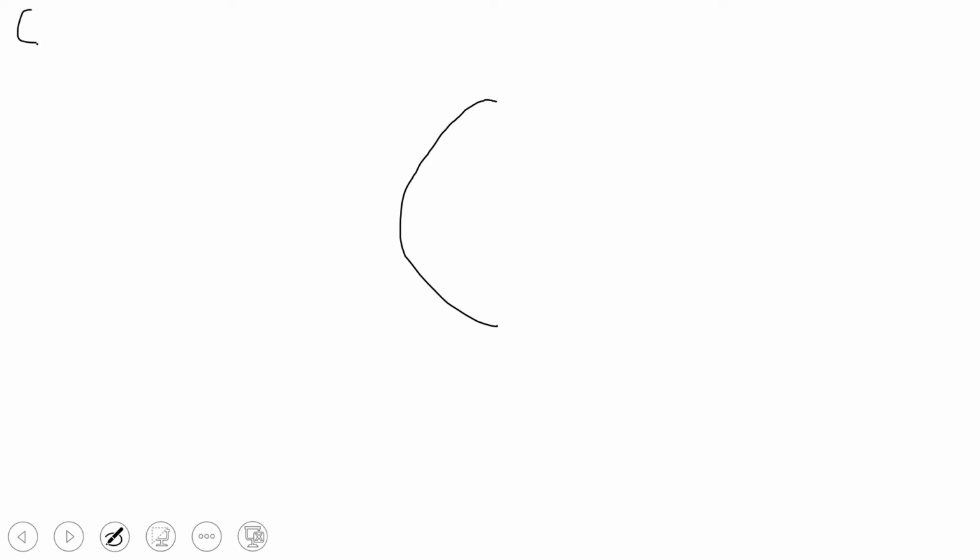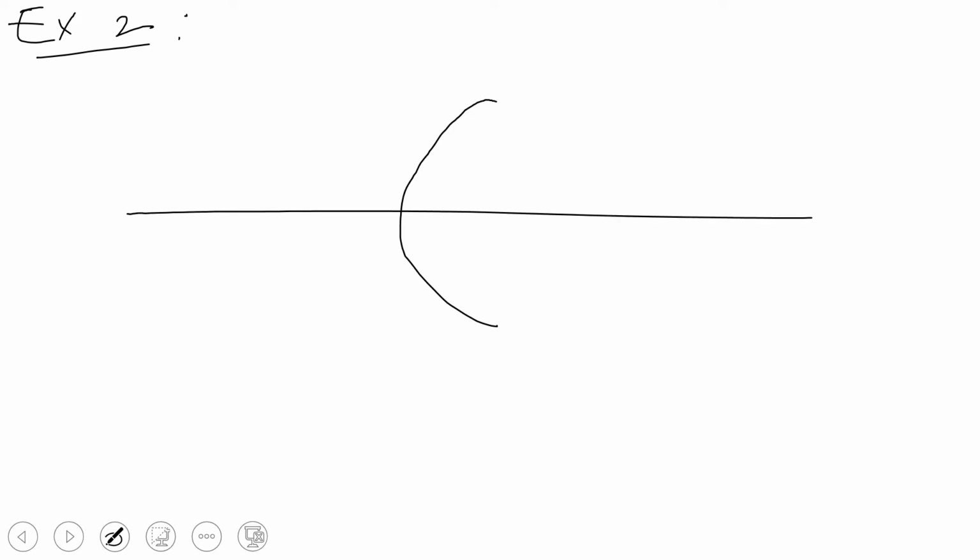Again, this is example 2 in chapter 2. So we have a spherical surface and an extended object and not a point object. In the previous example, we just looked at a point object, but here I'm talking about an extended object.